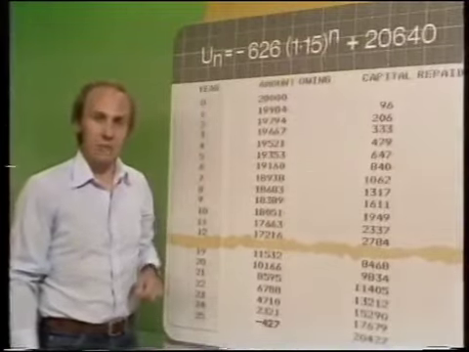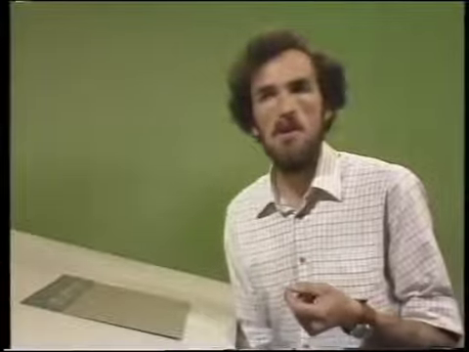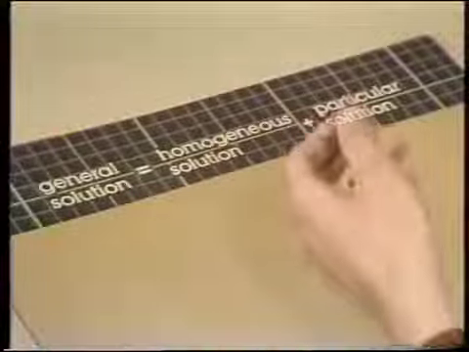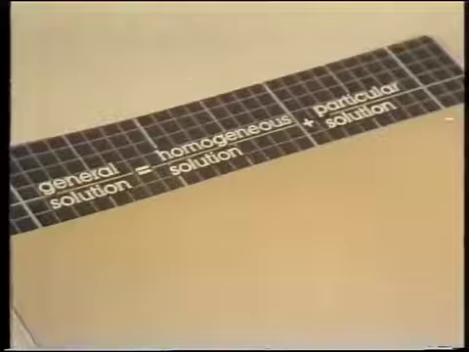Well, how do we get that formula? The solution of a linear first-order recurrence relation is made up of two parts. It's the sum of the solution to the homogeneous problem plus any particular solution of the non-homogeneous problem.